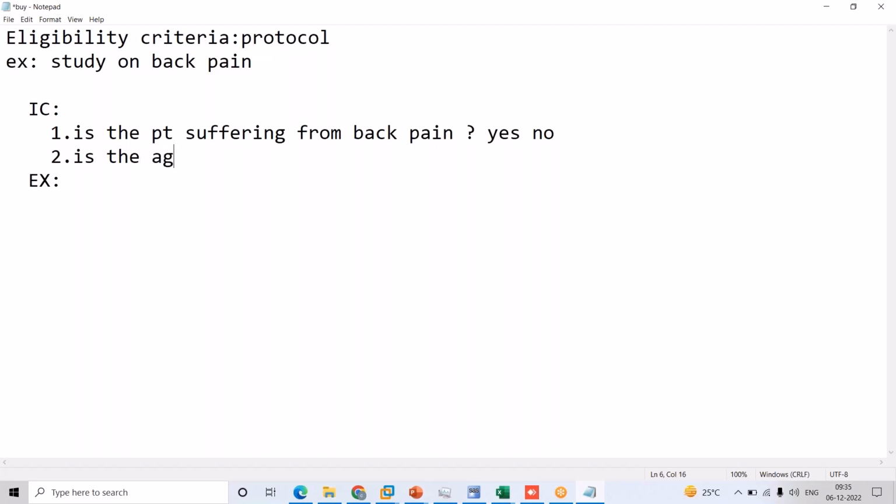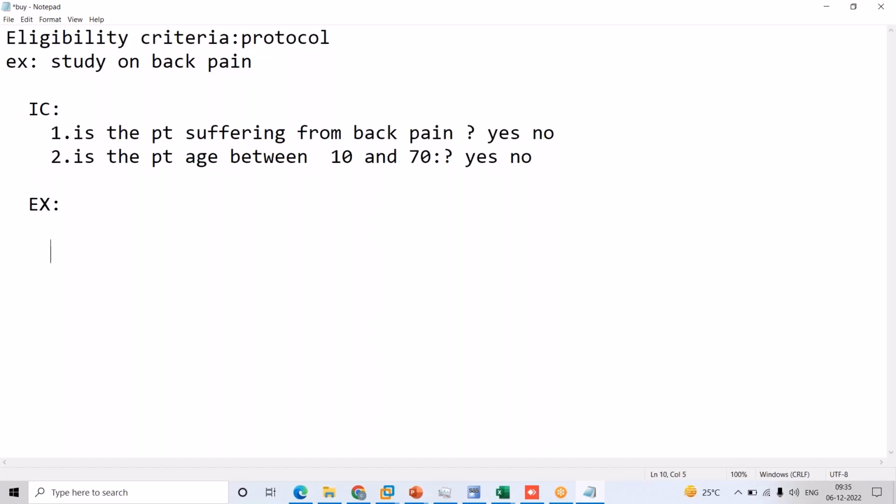So, is the patient age in between 20 and 70? Answer is yes or no. So all the inclusion questions should be selected yes.